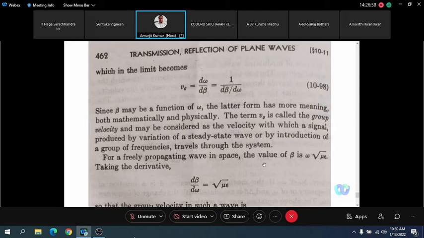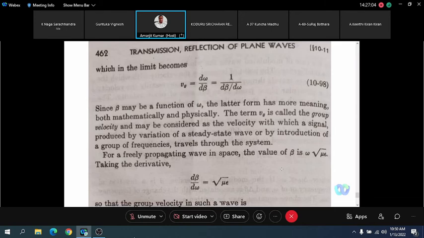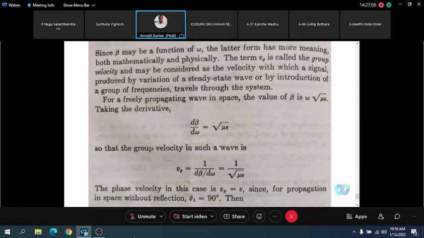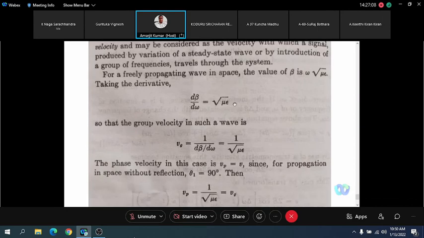So what will be the group velocity then? 1 upon root mu epsilon. So for a free space wave, group velocity is equal to 1 upon root mu epsilon, which in free space is equal to the velocity of light.